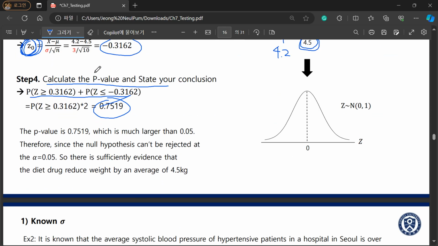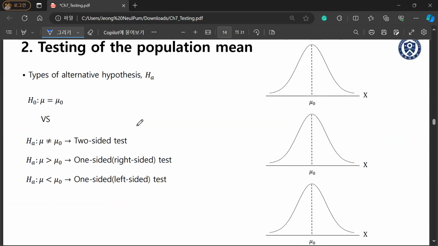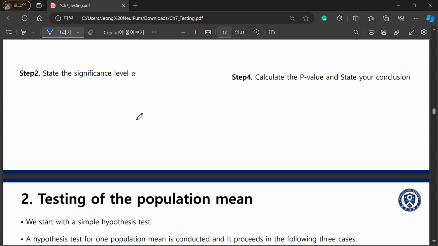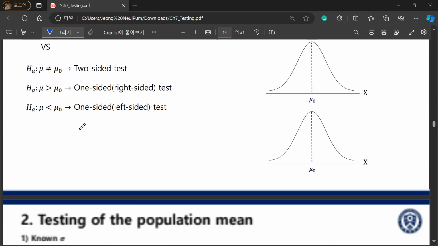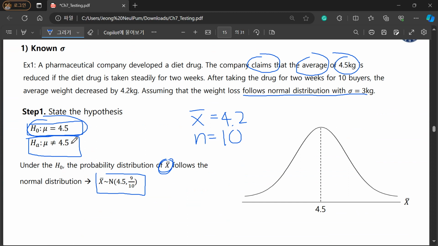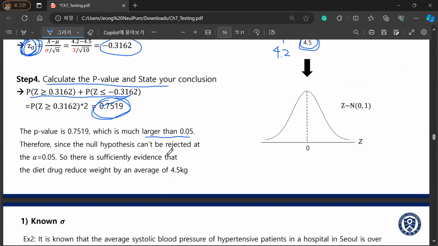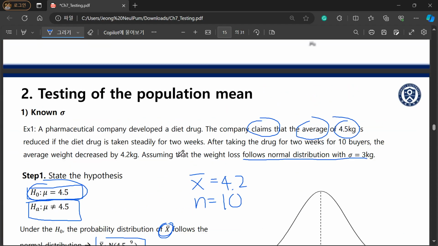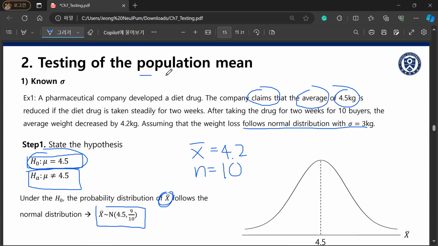After we get the p-value, we see that this probability is much higher than our significance level, which is 0.05, so we cannot reject the null hypothesis, and we are not able to say that the population mu is not equal to 4.5. So this is one example of hypothesis testing about the population mean.